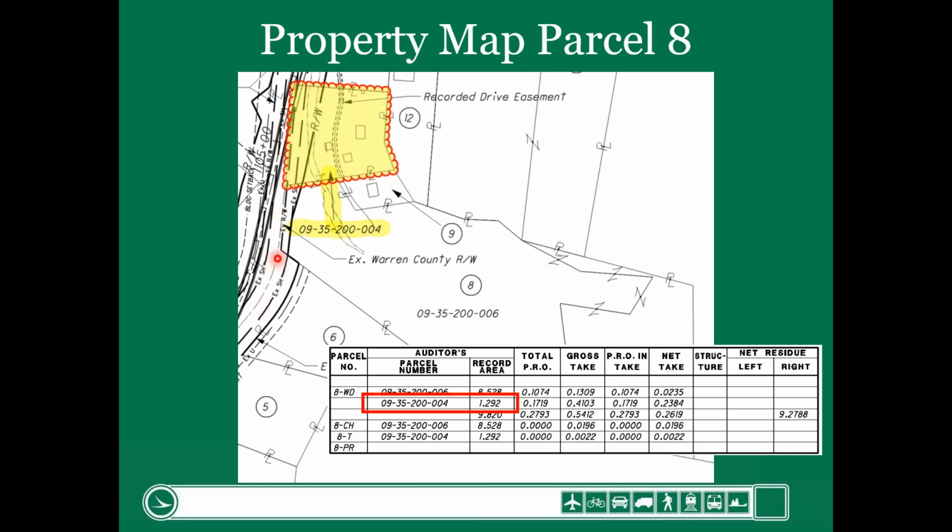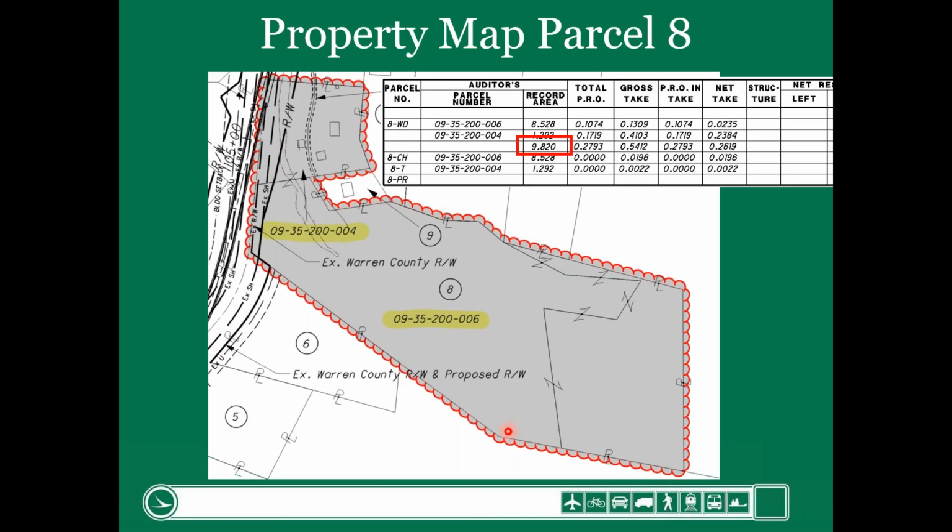This is the old roadway, and there's the proposed one. You don't have the edges of pavement on the existing, but we do have the proposed edges of pavement right here. So this is the corridor. This is parcel 8. This is the 004, 1.292, excuse me. And then the total of 9.820 acres, all of that combined.